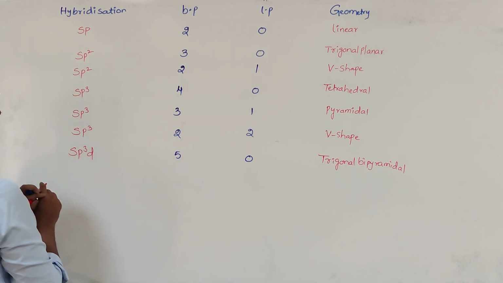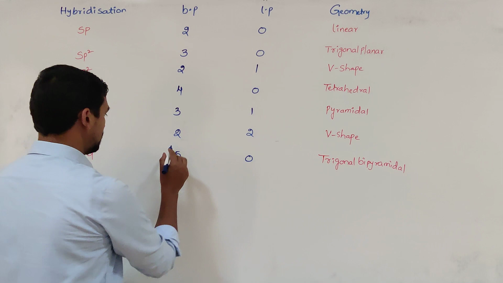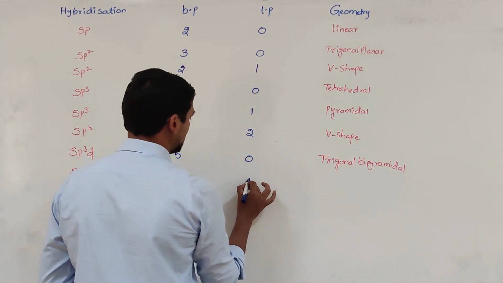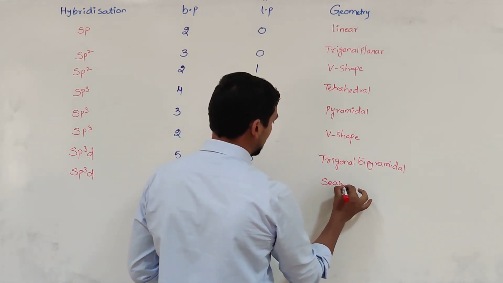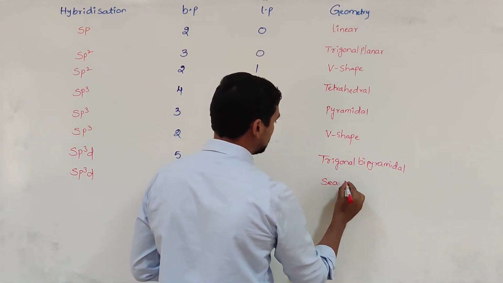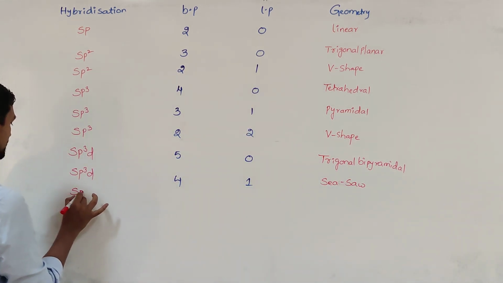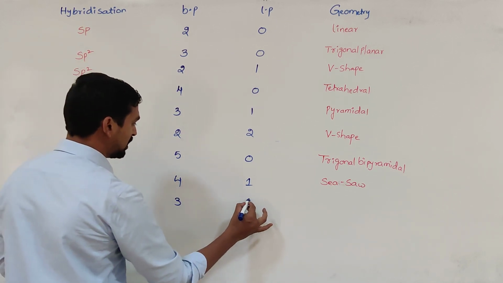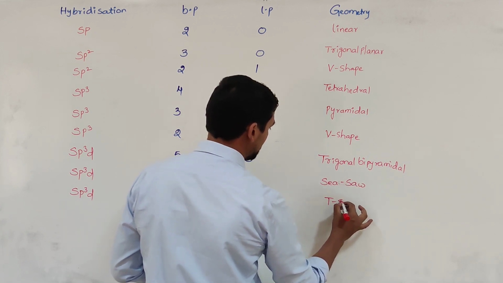In sp3d hybridization with 4 bond pairs and 1 lone pair, the geometry is distorted trigonal bipyramidal or seesaw. In sp3d hybridization with 3 bond pairs and 2 lone pairs, the geometry of the molecule is T shape.